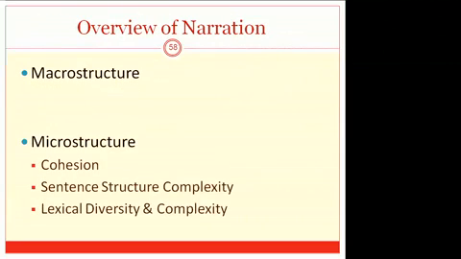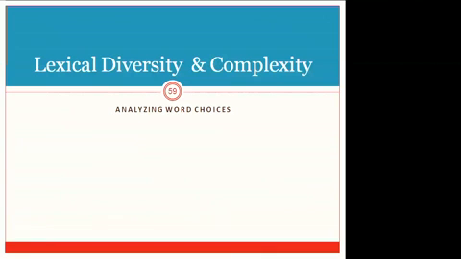Recall that microstructure of narratives includes three different forms of microstructure that we will analyze: cohesion, sentence structure complexity, and lexical diversity. We've talked about those first two forms of microstructure. Now let's turn our attention to lexical diversity and complexity.